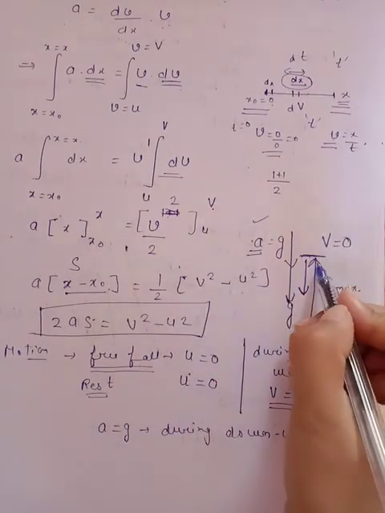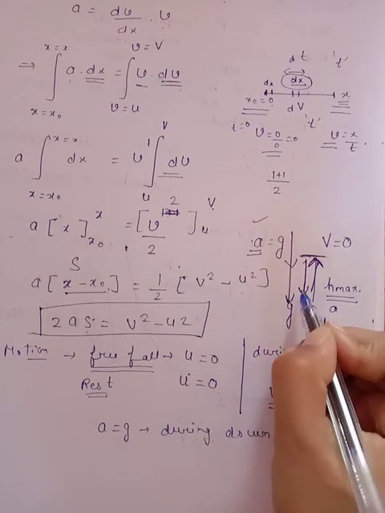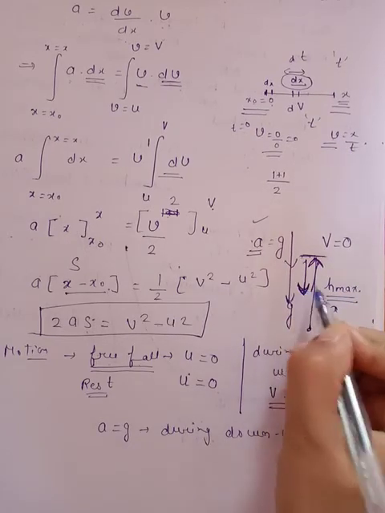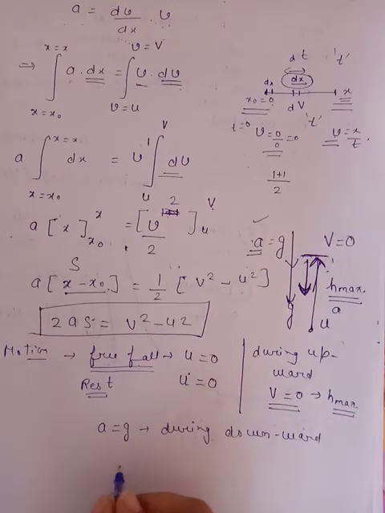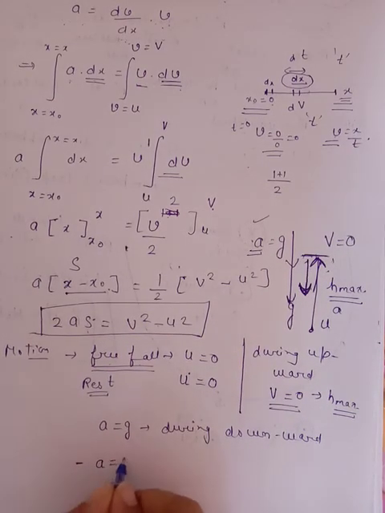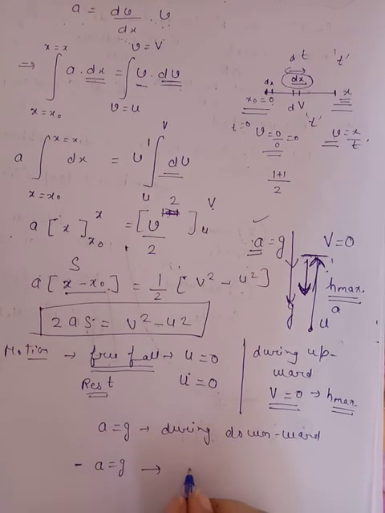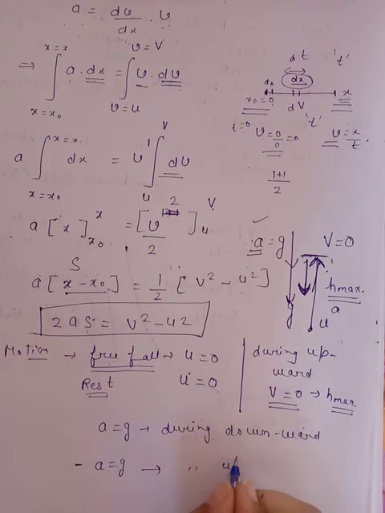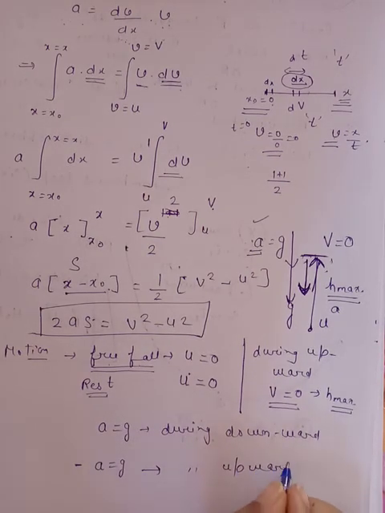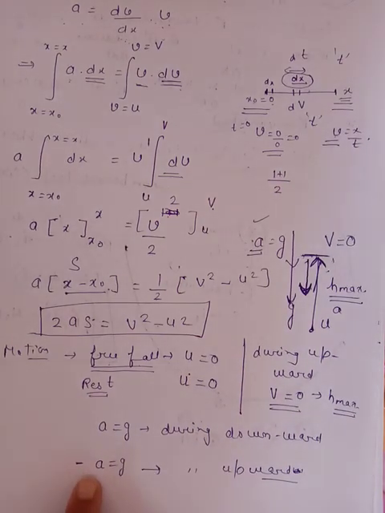This is the direction of motion of the object, this is the direction of gravity, both are in opposite directions, so we say that our acceleration is minus g. That means the acceleration of the object is opposite to the acceleration of gravity during upward motion.